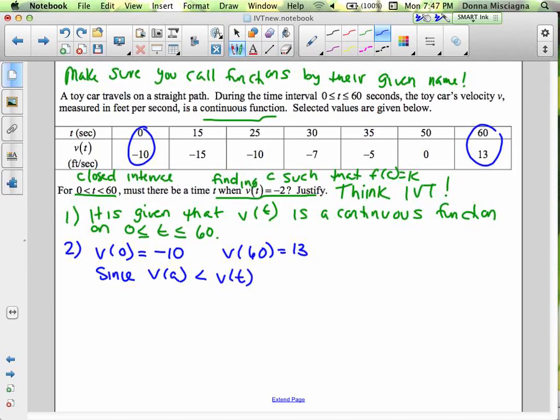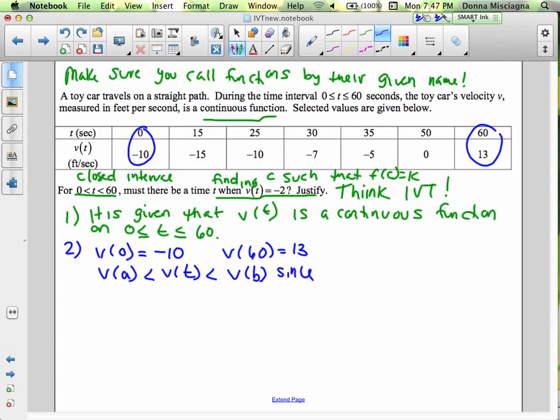All right, so I have to make sure my sentences are sentences. We have v of a is less than v of t is less than v of b.